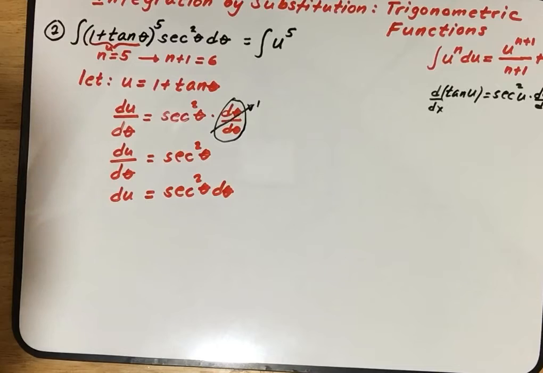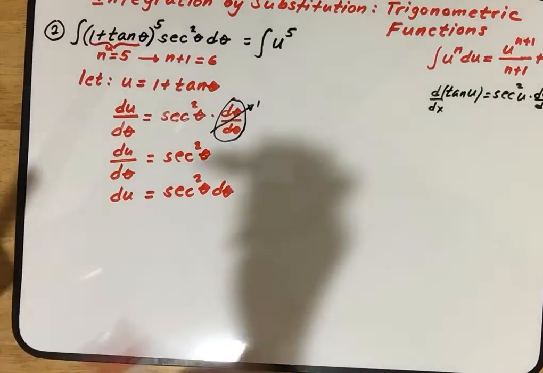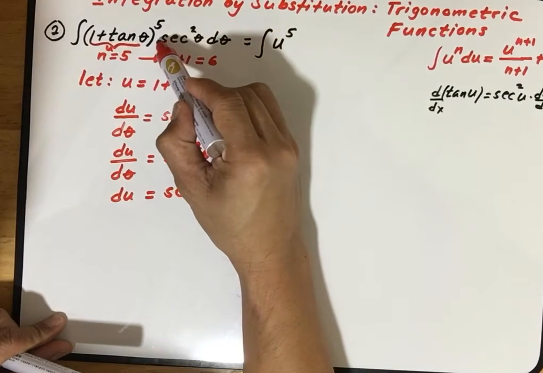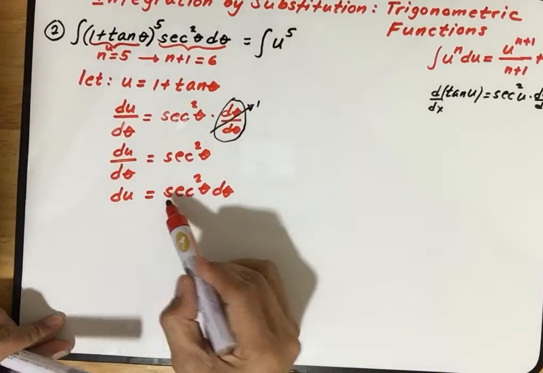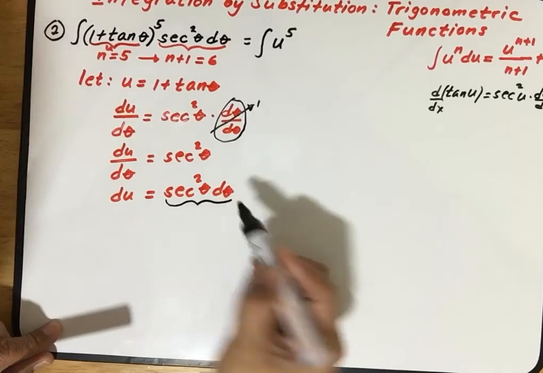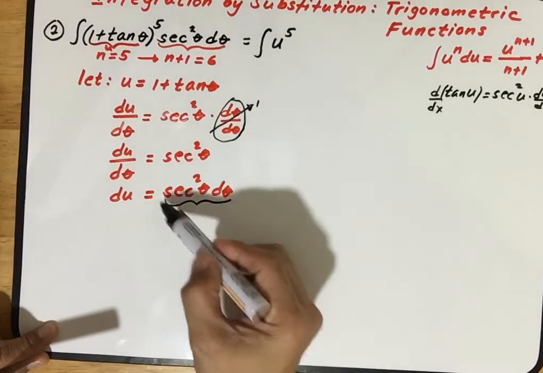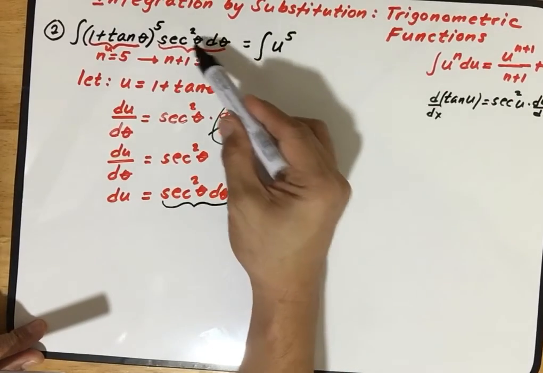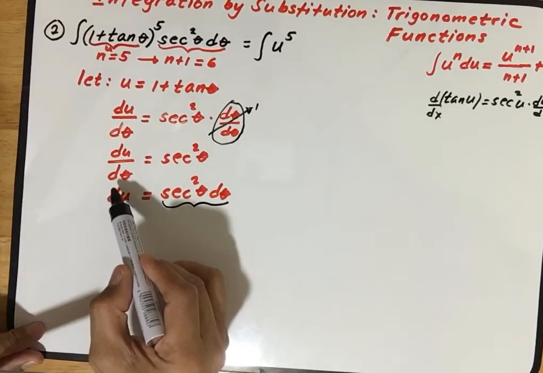Any question? So this is what we have exactly. We can replace secant squared theta d theta by its equivalent, which is simply equal to du.